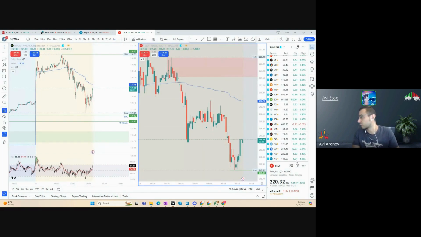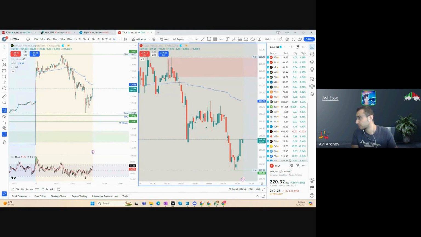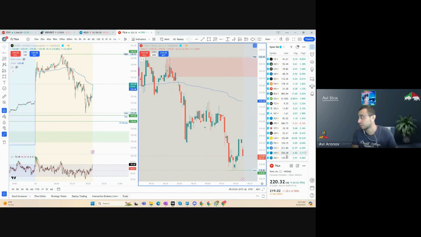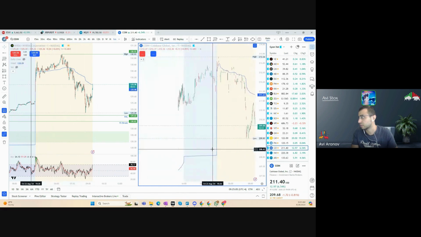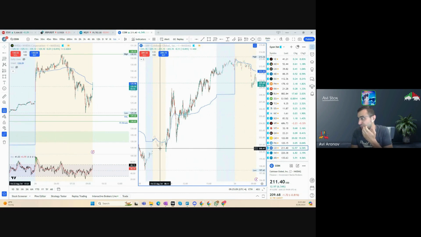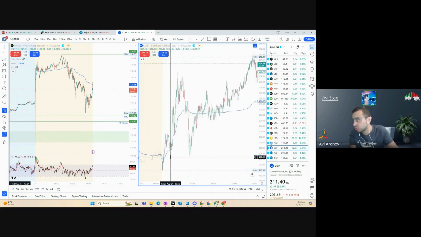So now what we want to do is see which one has the highest move to the upside, which was pretty much last time, right? Let me just see that one second. Wow, this had the largest move.